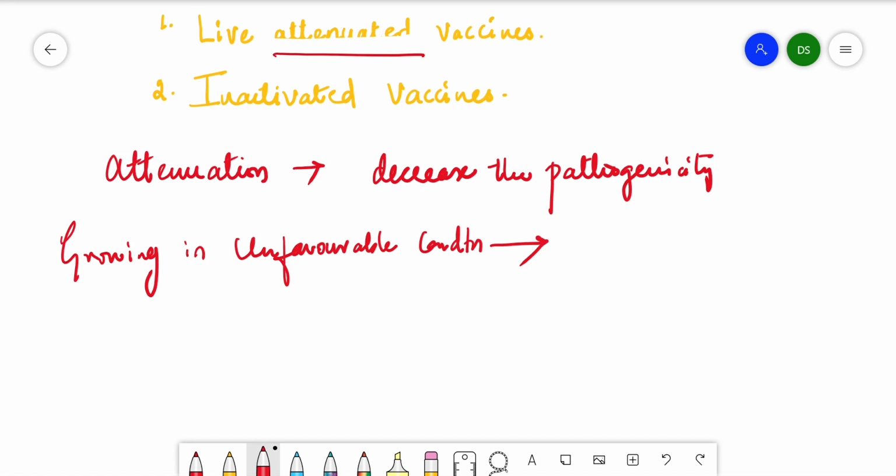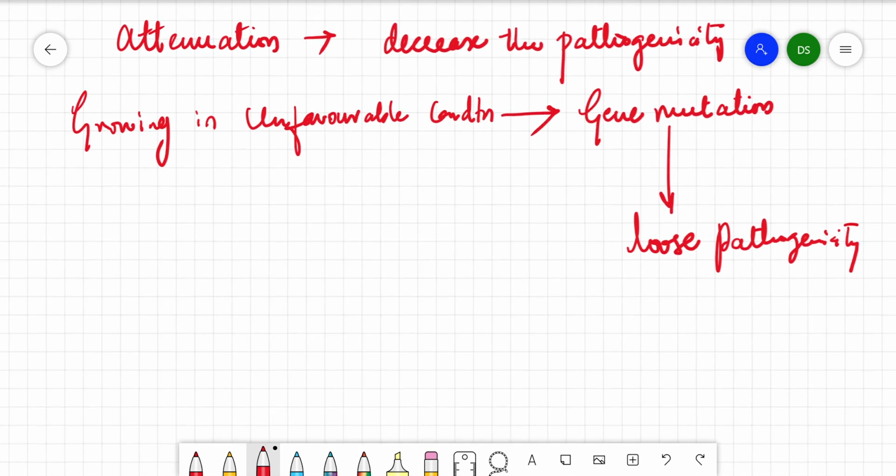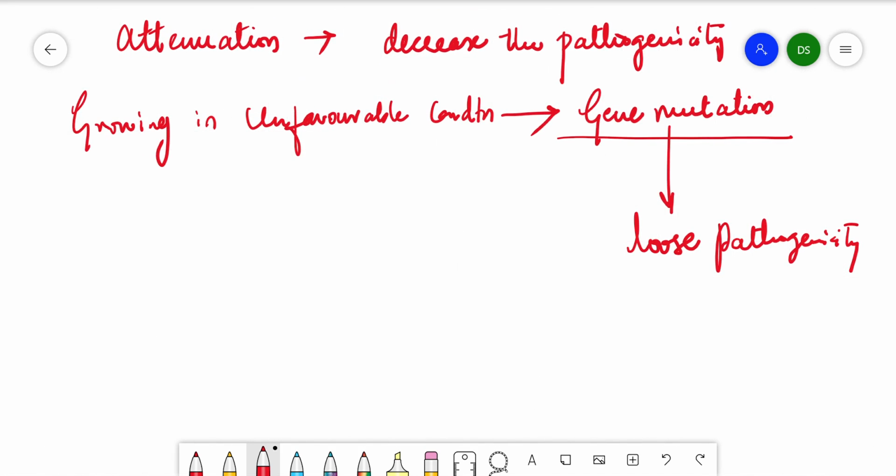We are growing them in unfavorable conditions, which leads the pathogen to undergo gene mutation, and due to this gene mutation, they lose their pathogenicity. That is, their effect is totally decreased.